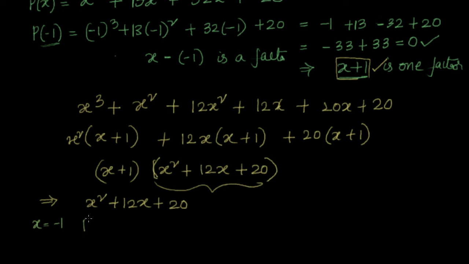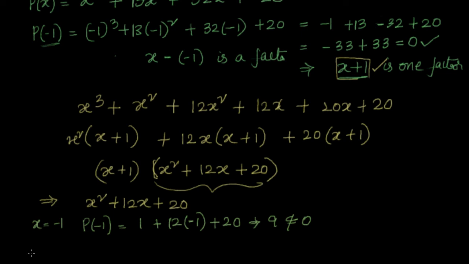That is nothing but p of minus 1. If I go for it, I get 1 plus 12 into minus 1 plus 20, which is nothing but equal to 21 minus 12 is 9, which is not equal to 0. So x plus 1 is not a factor.